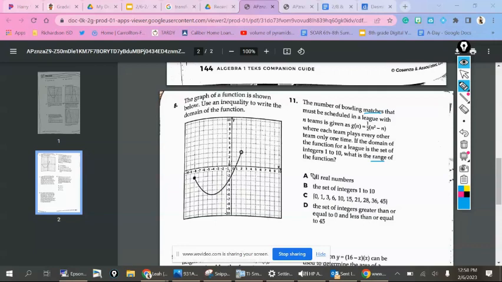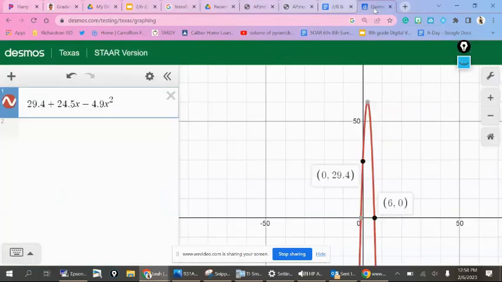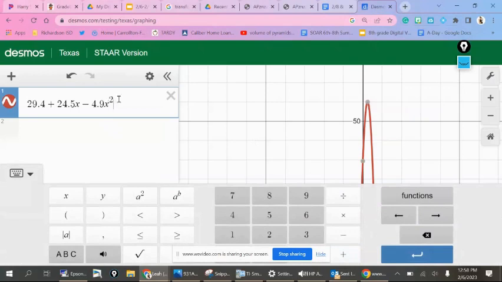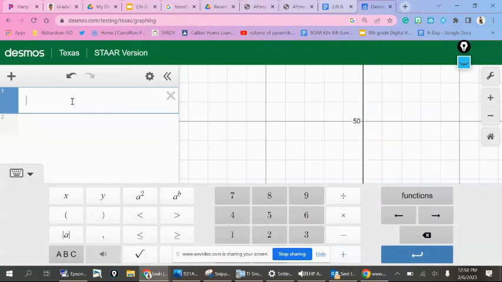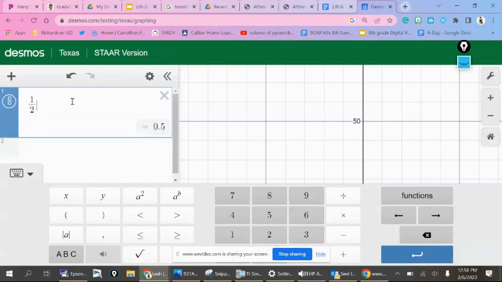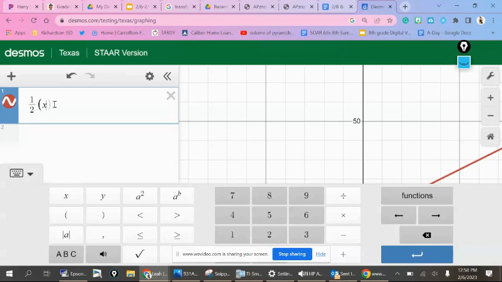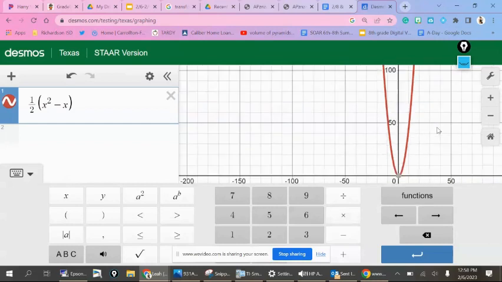Okay, so now we have to graph this. I'm going to graph this in Desmos. I'm going to grab my calculator. And I'm going to do 1/2, parentheses, x squared minus x, close the parentheses. And we're finding the range.